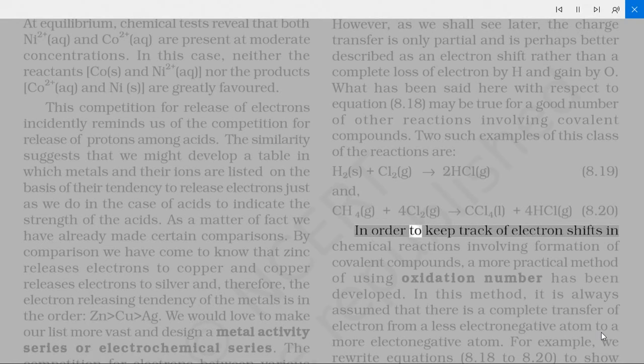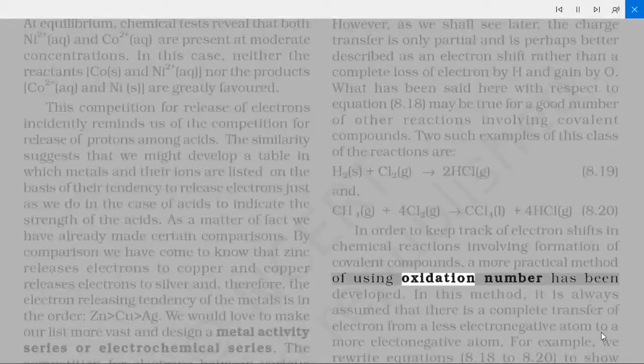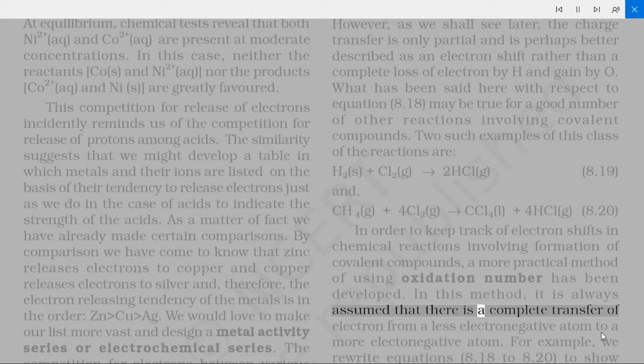In order to keep track of electron shifts in chemical reactions involving formation of covalent compounds, a more practical method of using oxidation number has been developed. In this method, it is always assumed that there is a complete transfer of electron from a less electronegative atom to a more electronegative atom.